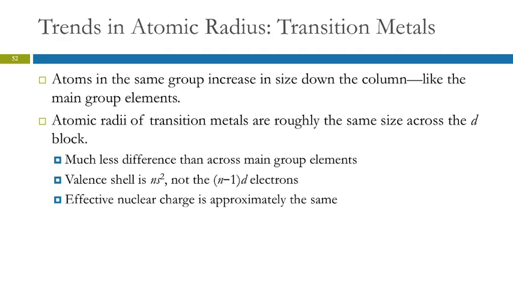And so the effective nuclear charge for all of the transition elements in the same period is roughly the same. So they don't really see a change in effective nuclear charge. And so they are roughly the same size. And so you are not expected to know trends across a period for the transition metals.